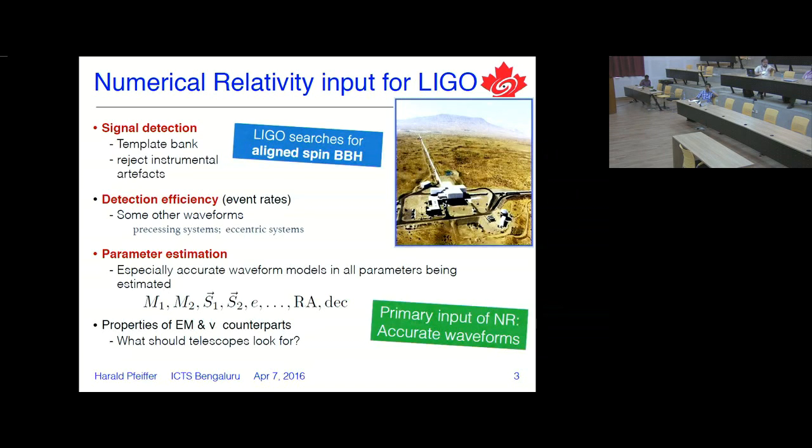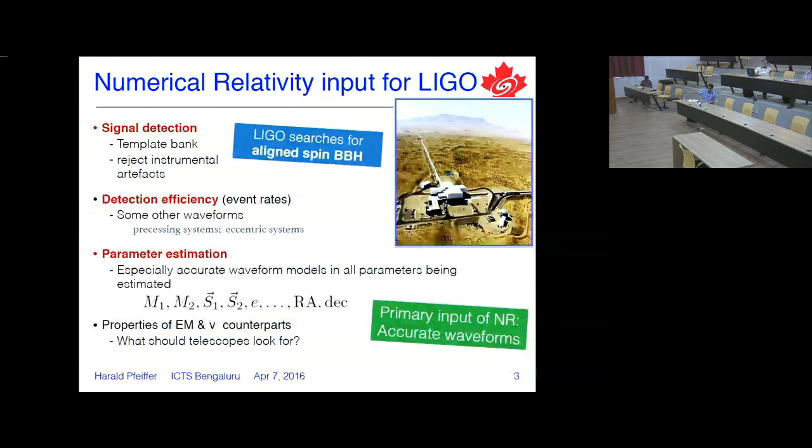And once neutron stars are going to be seen in LIGO sources, electromagnetic properties and neutrino counterparts will also become very important to inform telescopes what to look for and to interpret any electromagnetic counterpart that may have been observed. As you can see, besides electromagnetic counterparts, the primary input of numerical simulations are the waveforms.